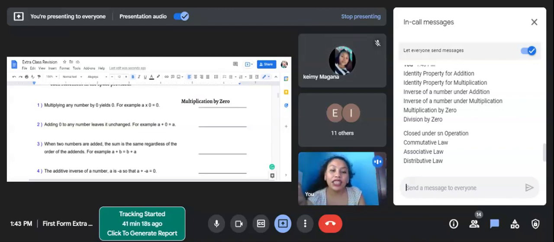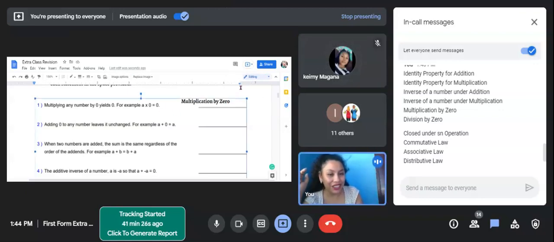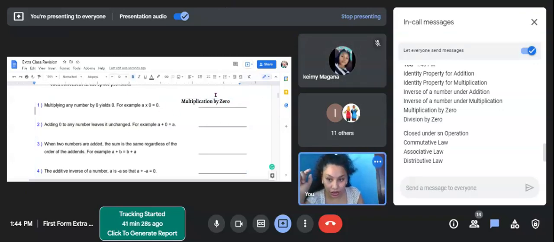The identity property. For which one, addition or multiplication? For addition. Very good. So here I'm going to write identity property for addition. Yes, that will be number 2.